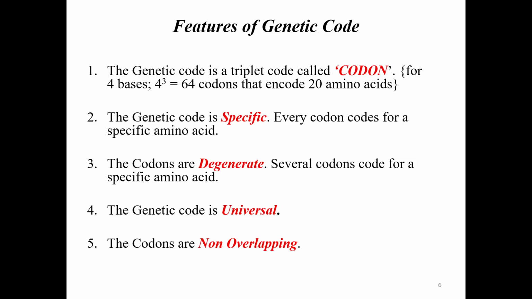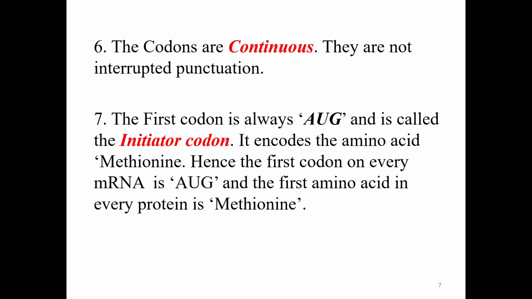Genetic code is specific, the codons are degenerate, the genetic code is universal in nature, and the codons are non-overlapping. Now, the codons are continuous, they are not interrupted. And remember, the first codon is always AUG. So it starts with the first codon AUG.